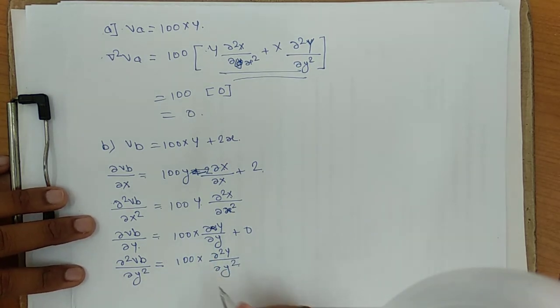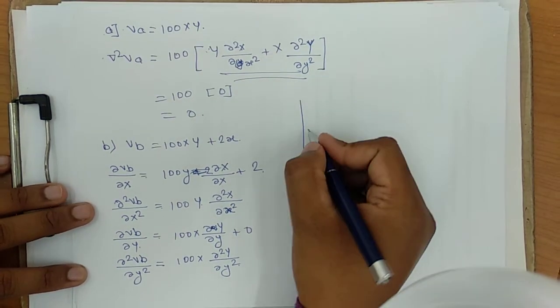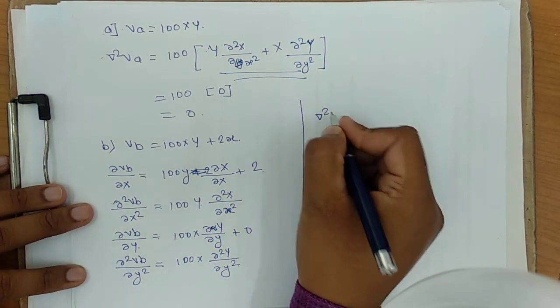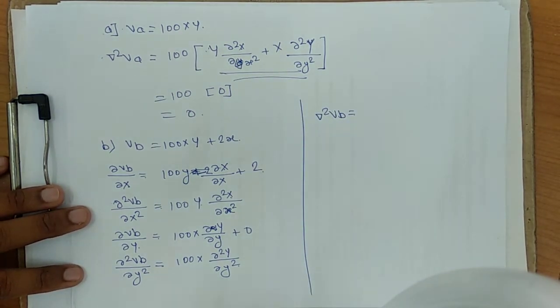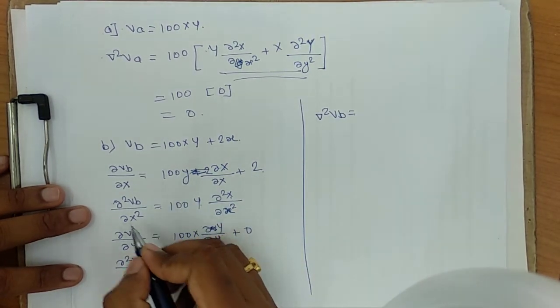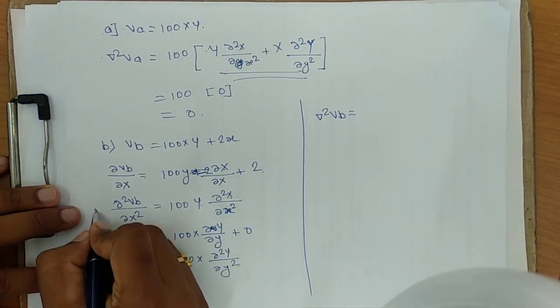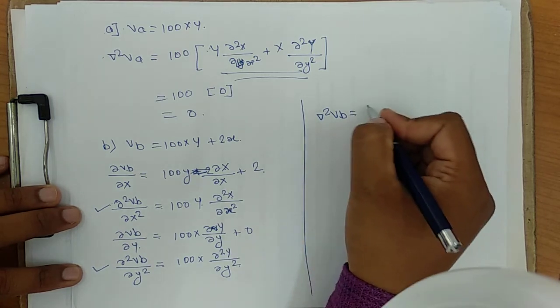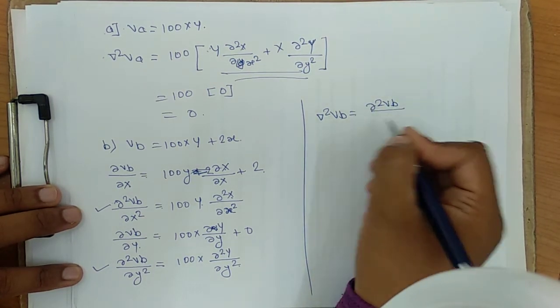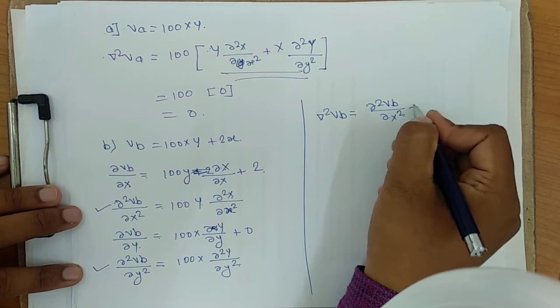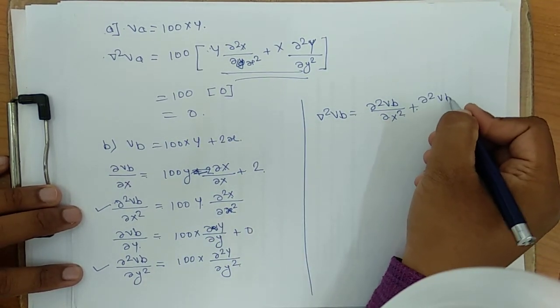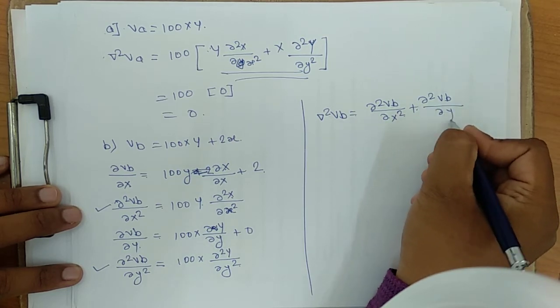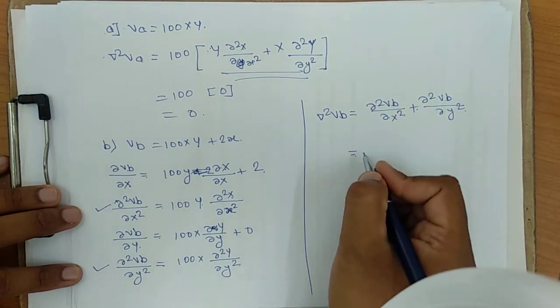We have to put these values into that equation. ∂²Vb, we have to add these two equations: ∂²Vb/∂x² plus ∂²Vb/∂y². So I will add these equations.